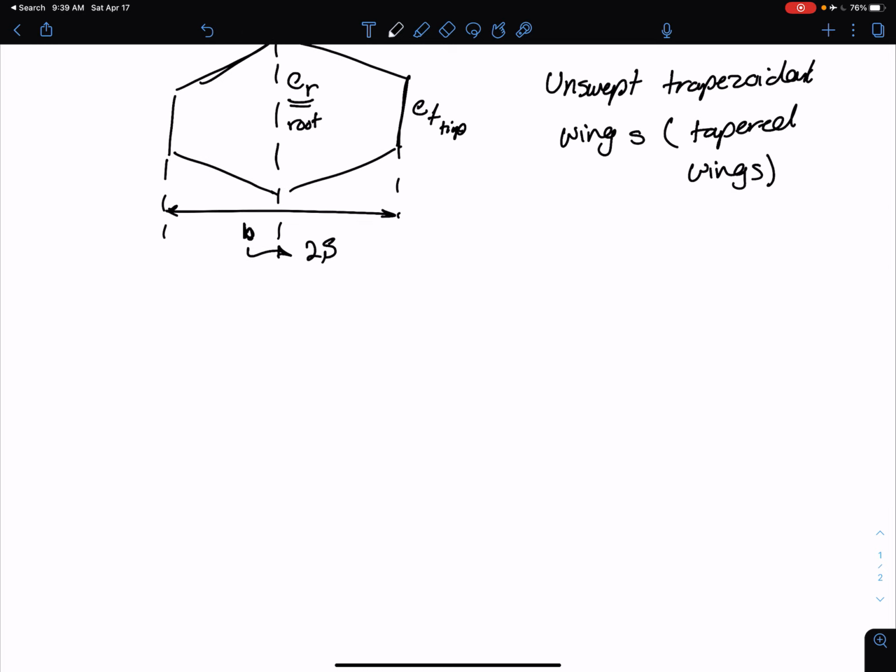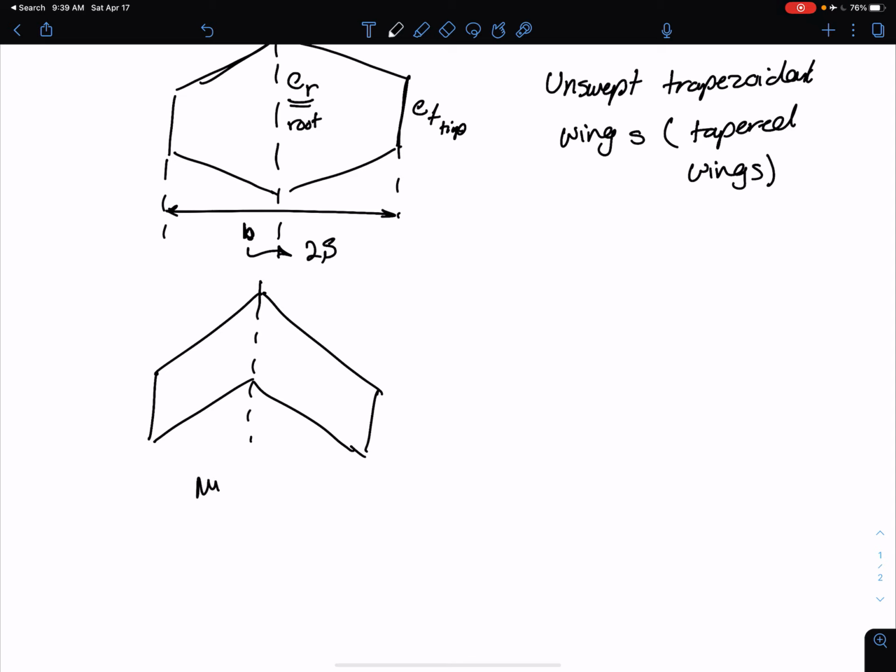It is also possible for the wing to have something called a sweep angle. I'm pretty sure you have seen these type of wings, especially on military type aircrafts.